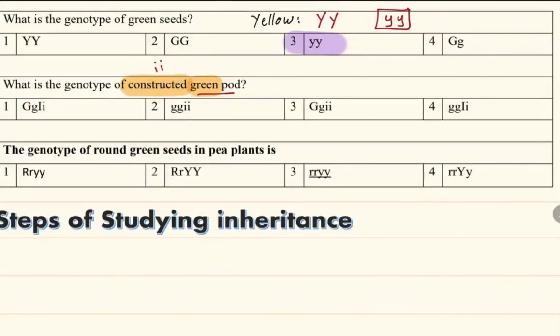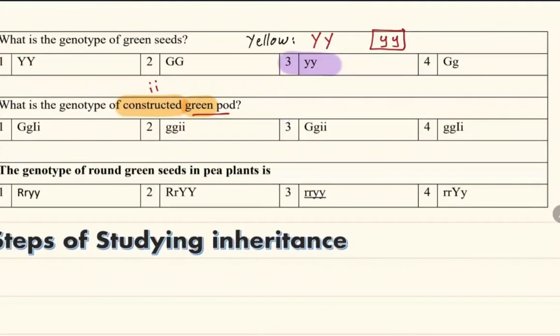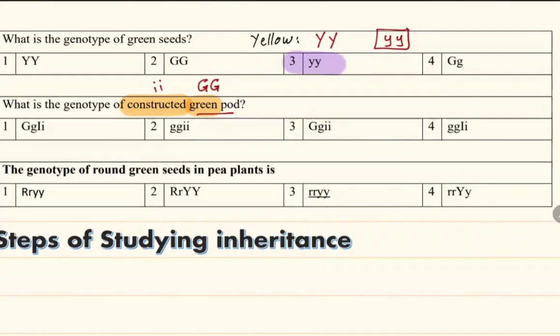And green pod is the dominant here. Green pod is the dominant, G capital. Now, which of these represents these characteristics? Let's see here. The first one, this is green, true, but this is inflated, not constricted. So this choice is not correct.